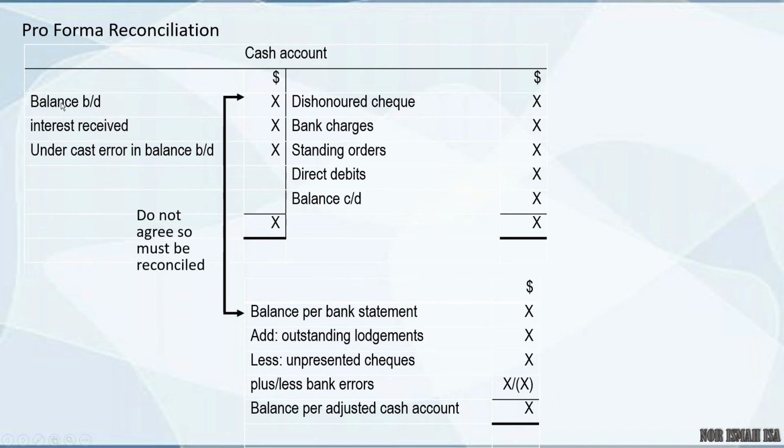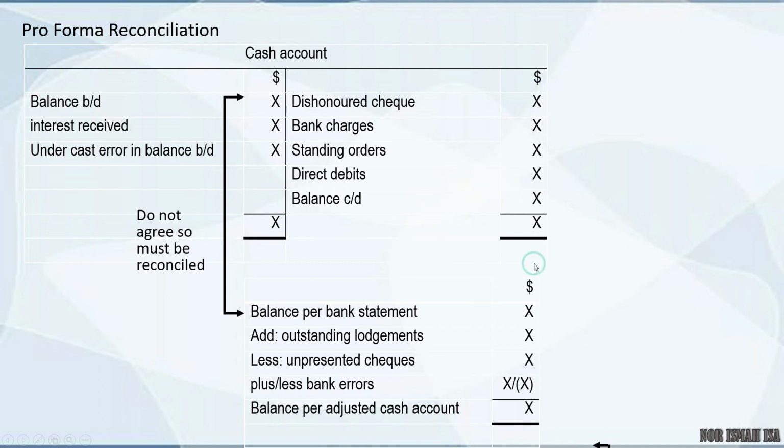So when you use the balance per cash book and the balance per bank statement, initially this balance won't agree. So you must do a reconciliation for this one. If the balance agrees, then we need not do the reconciliation.